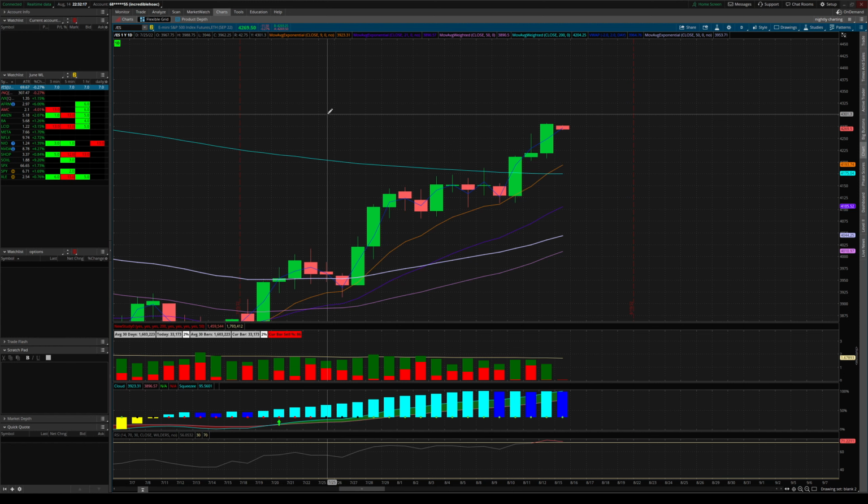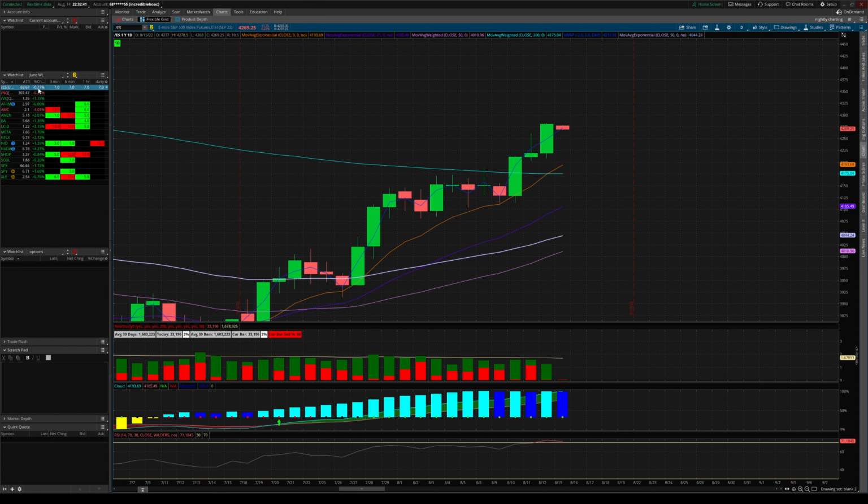There are some stocks I do trade every now and then, like Home Depot, Walmart, where the spreads are a little bit bigger. Sometimes they can get up to like 20, and that's a little bit wider than my liking. So the more liquid a stock is, especially in the option chain, the tighter the spreads are.